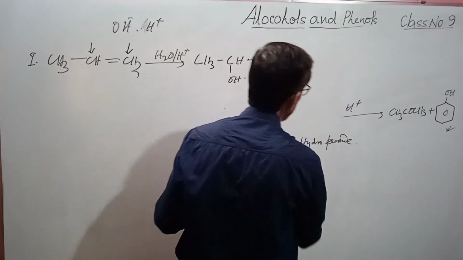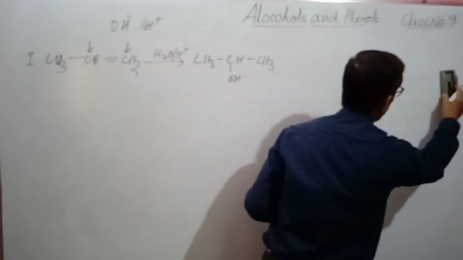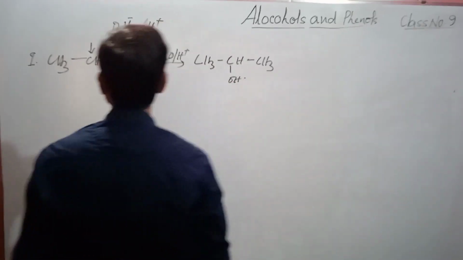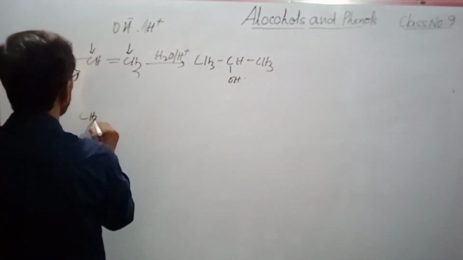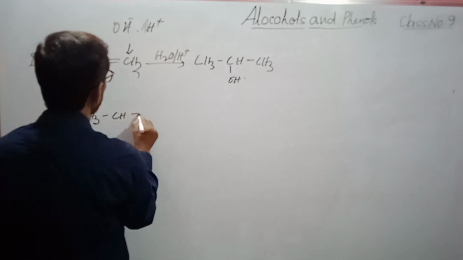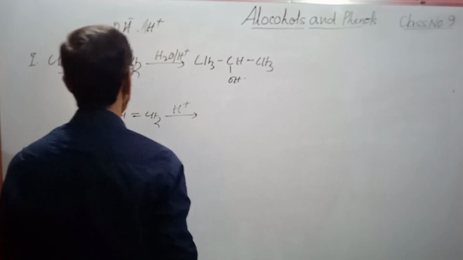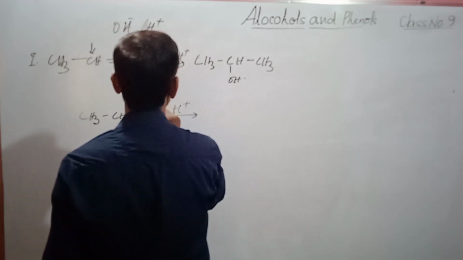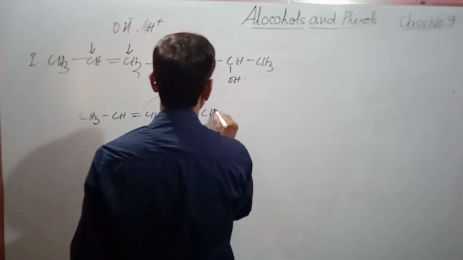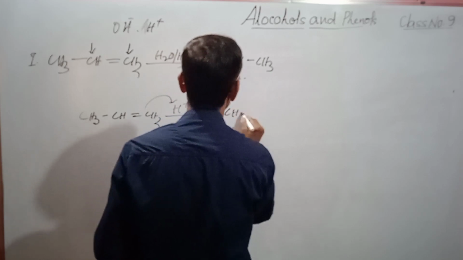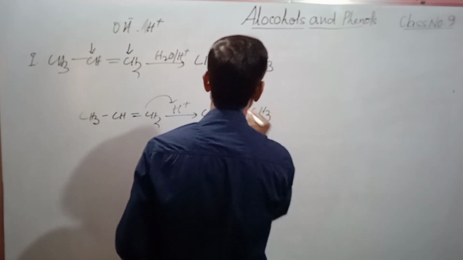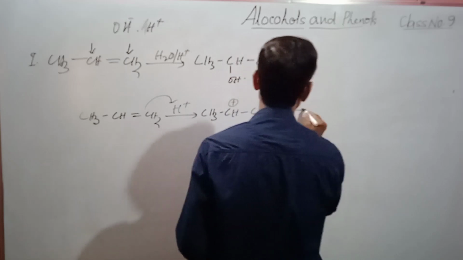But if it is a 1 mark question, this is okay, but if it is a 2 mark question, you should give the mechanism like this. Am I right? So what happens here is you get a CH3 carbocation.